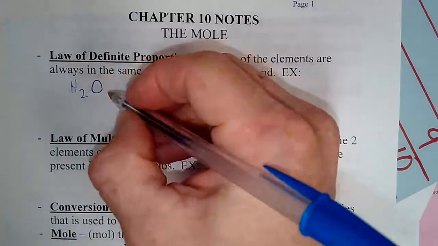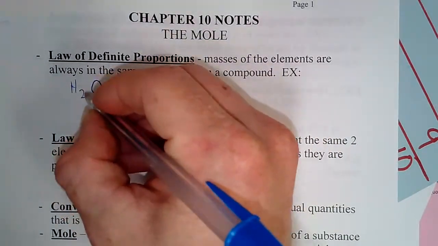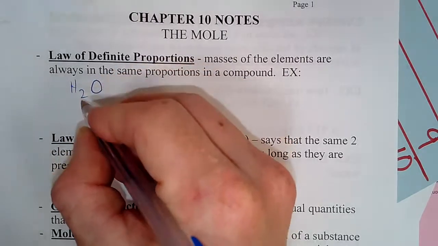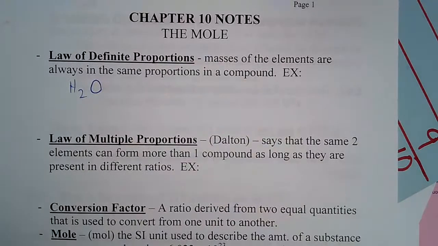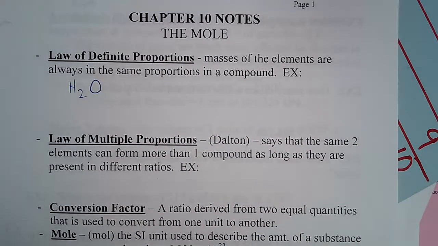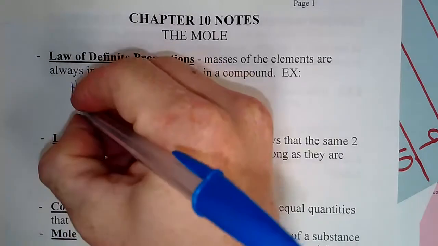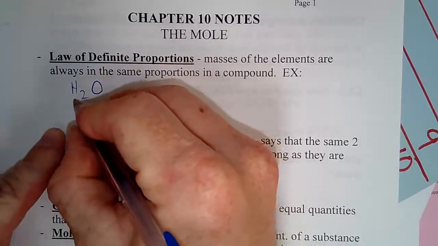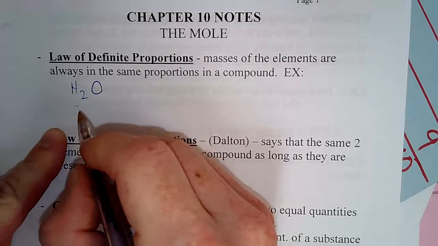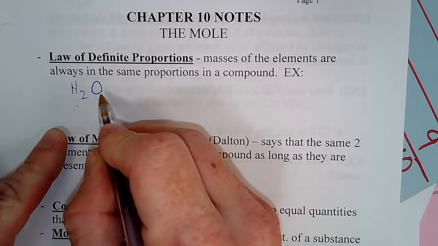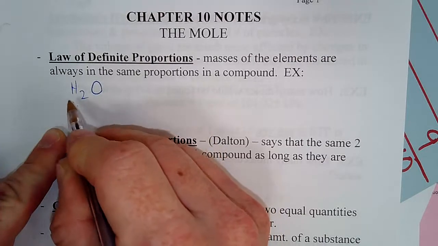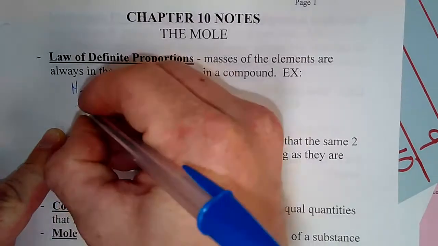So if you were to sample this compound, based on what we talked about earlier with the mass of the hydrogen being 1.0 something and the oxygen being 16, if you had 18 grams of water, how many grams would be hydrogen and how many grams would be oxygen? Yeah, it'd be 2 to 16.